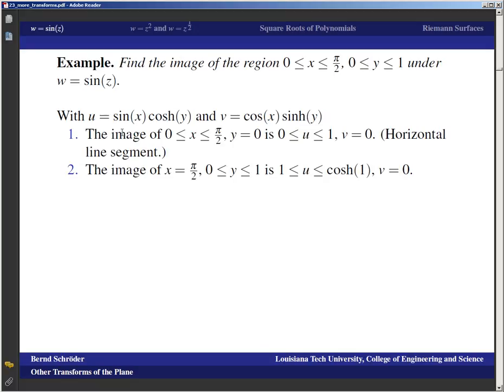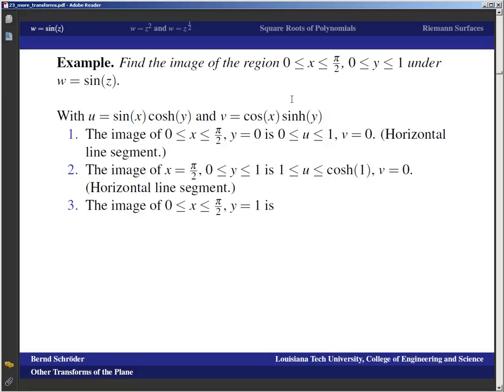And when x is pi over 2, the sine of x is equal to 1, and that means this will go from 1 times cos 0, which is 1, to 1 times cos 1, which is cos 1. Okay, good. So another horizontal line segment. Now we're at the top right corner of the rectangle.